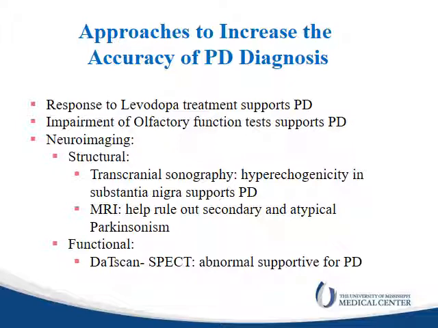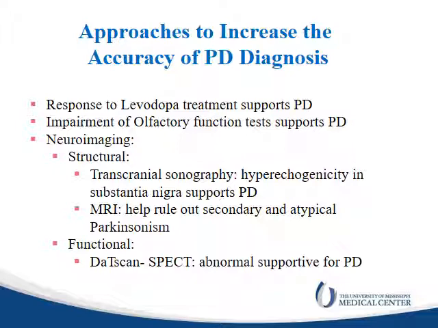Neuroimaging, traditionally we think of the MRI and CT scan, and they would not show any characteristic findings of Parkinson's disease, but they can help you rule out other secondary and atypical Parkinsonism by specific features on the MRI.